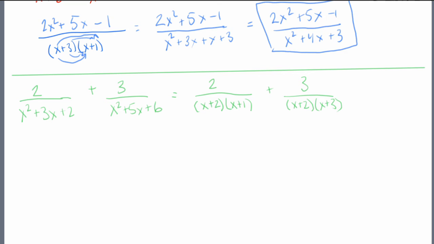So I'm going to multiply by, let's see, we need an x plus 3 in the first one. And I need an x plus 1 in the second fraction.